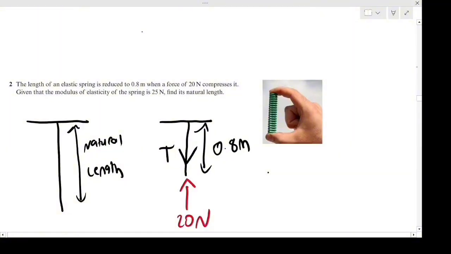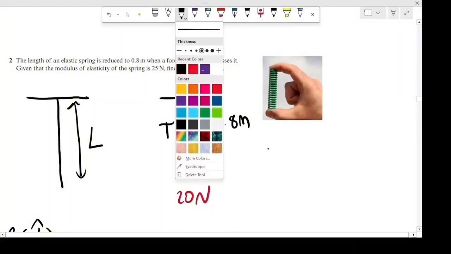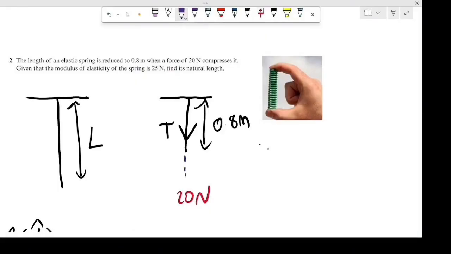Well, of course, originally it was the natural length L. So what I've done in purple is the part of the string originally that has been compressed. This is my compression, which is x.